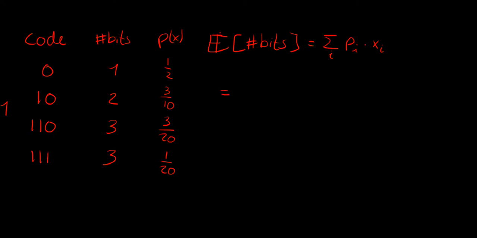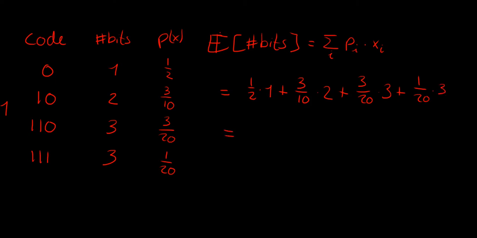We have the probability of a half times 1, because we have 1 bit for this probability, plus 3/10 times 2, because the probability 3/10 only has 2 bits. The same can be done for 3/20 and 1/20, which also have 3 bits.